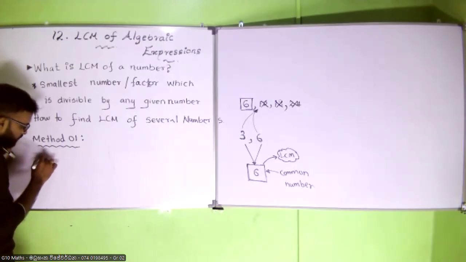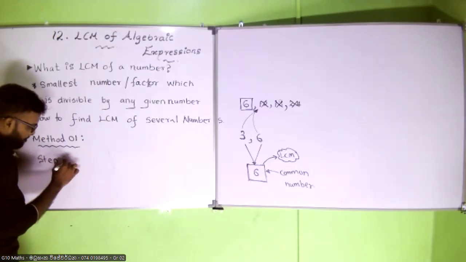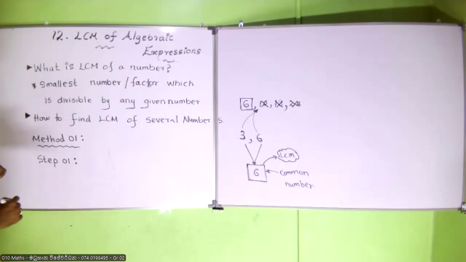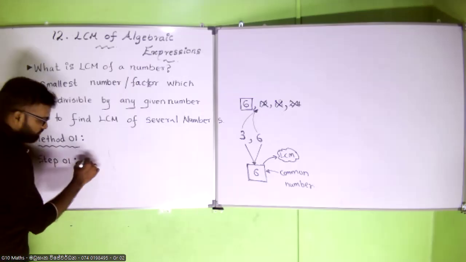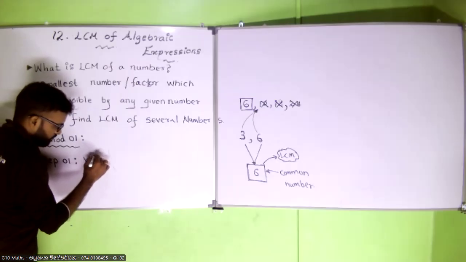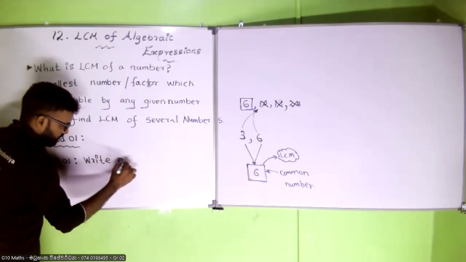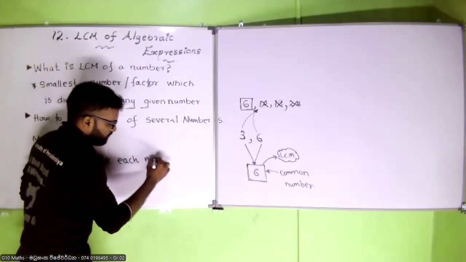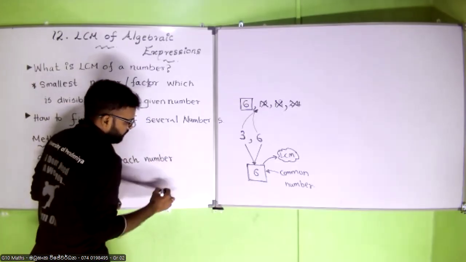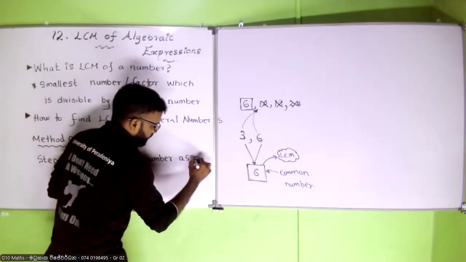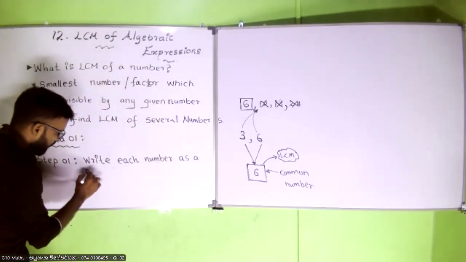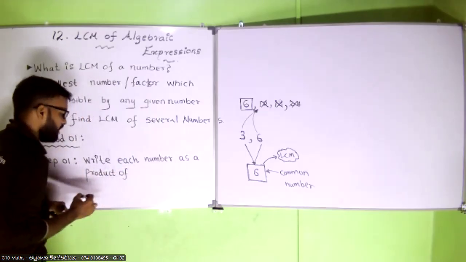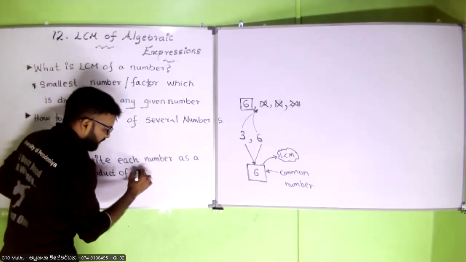Step number 1: write each number as a product of its prime factors.